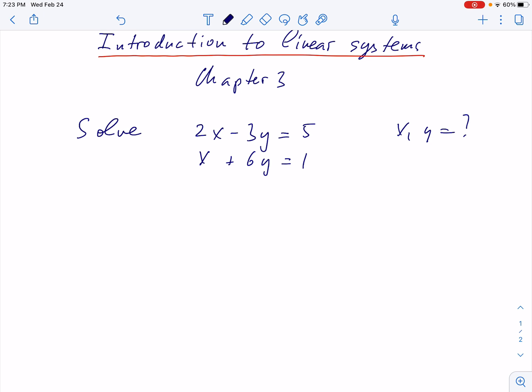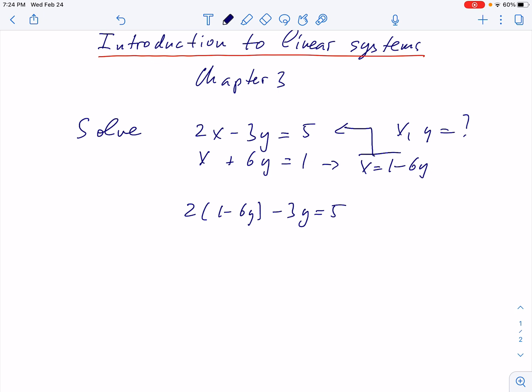For instance, from the second equation, I can write x equals 1 minus 6y and put this in the first. So the first equation becomes 2 times (1 minus 6y) minus 3y equals 5.